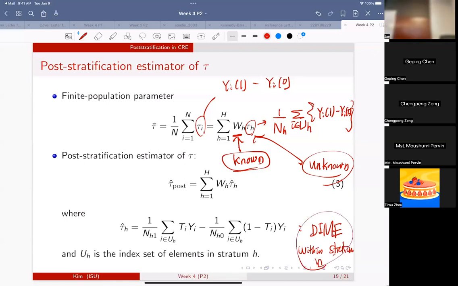Same story. The only tricky part is the denominator. In stratified sampling, they are fixed.